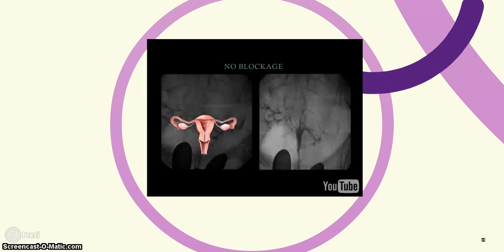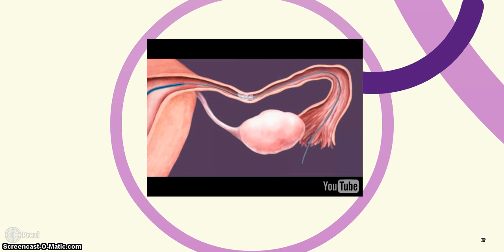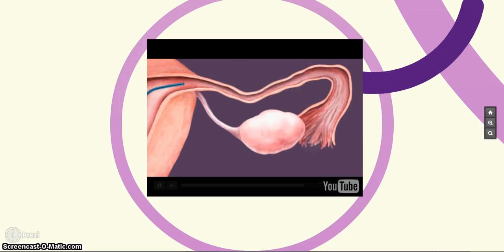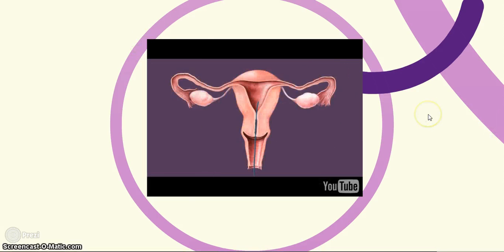A new X-ray should show the dye flowing out the opened end of the fallopian tube. As the microcatheter is withdrawn, saline solution is pumped through it into the fallopian tube. The pressure of the saline solution will clear any remaining debris that caused the blockage to open.